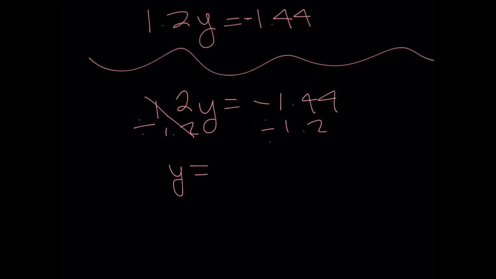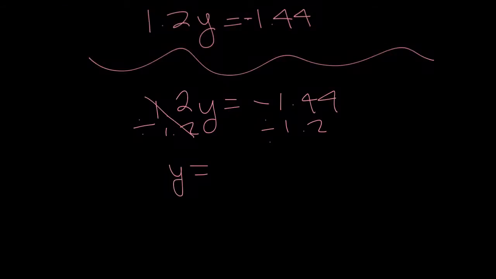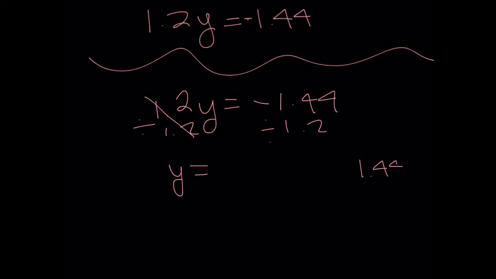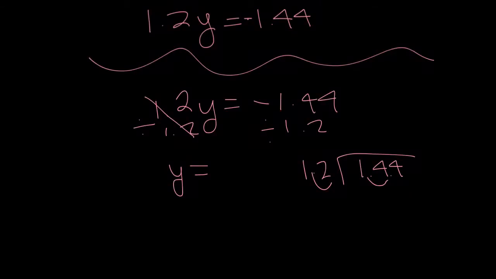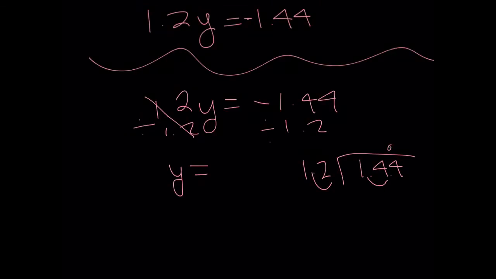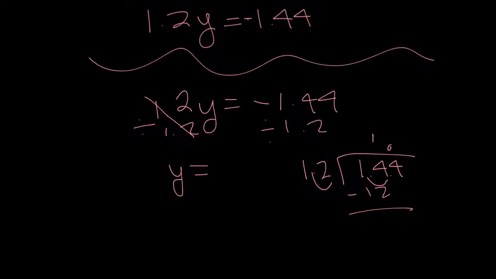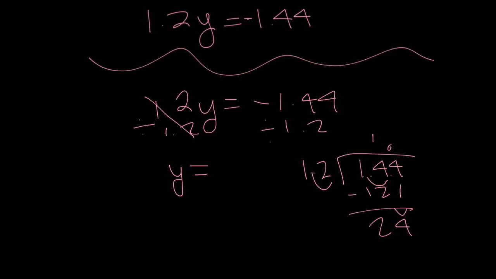Then we're actually going to divide these, so we're going to put 1.44 divided by 1.2. We're going to move our decimal over and put that right there. So 12 can go into 14 once. Minus 12 equals 2. Bring down the 4 is 24. And 12 can go into 24 evenly twice. Minus 24 equals 0. So now we're going to have y equals 1.2.